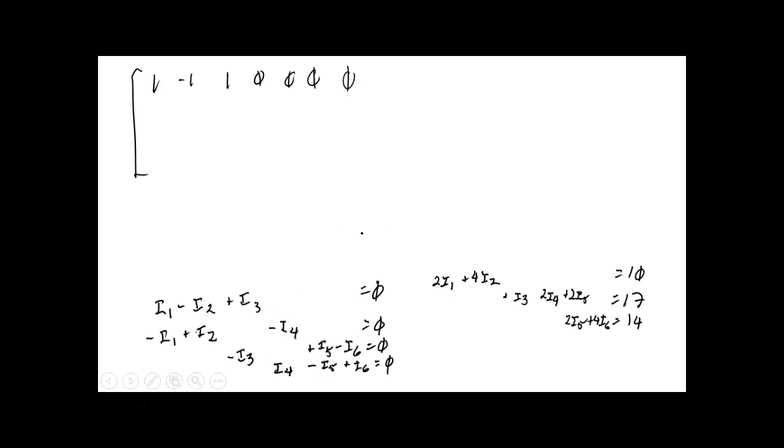Okay, second one, negative 1, 1, 0, negative 1, 0, 0, 0. Okay, next one. 0, 0, negative 1, 0, 1, minus 1, 0. Next one. 0, 0, 0, 1, negative 1, 1, 0.